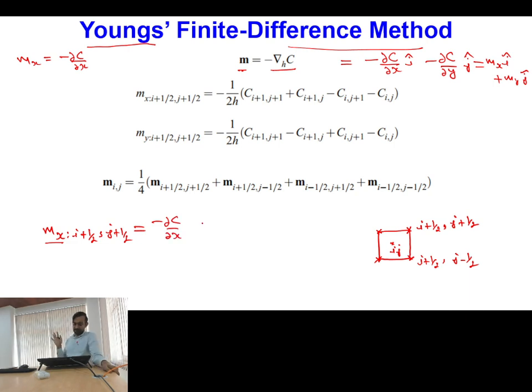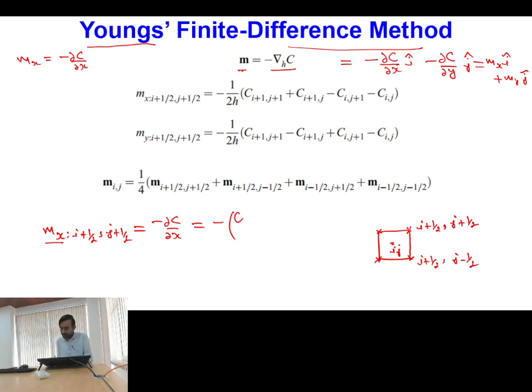From our simple understanding, it will be equal to minus of c at... if I use the central difference scheme, then what will I write here? Tell me. Ci plus 1.